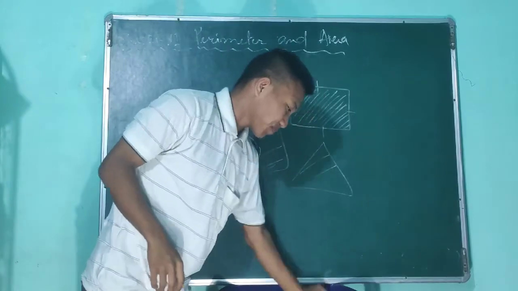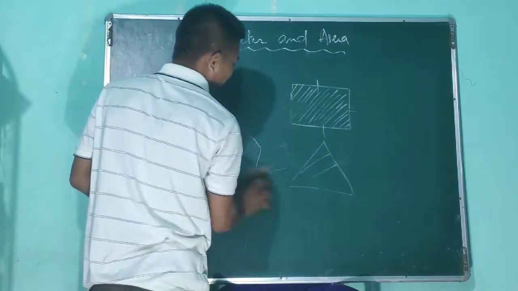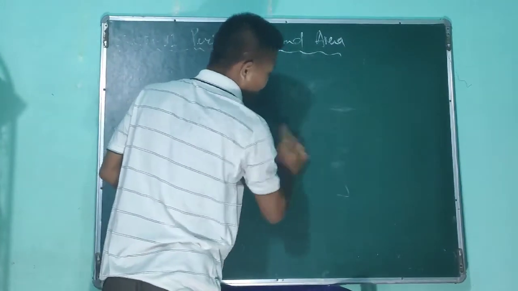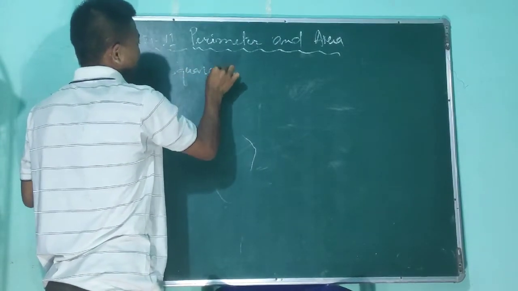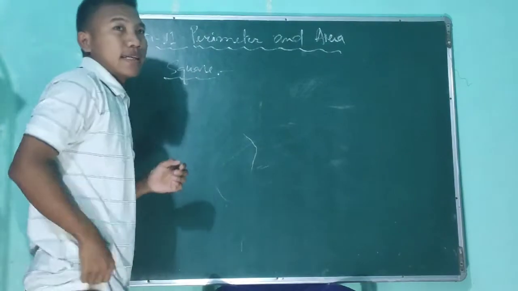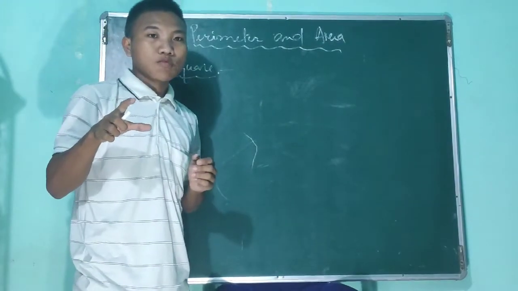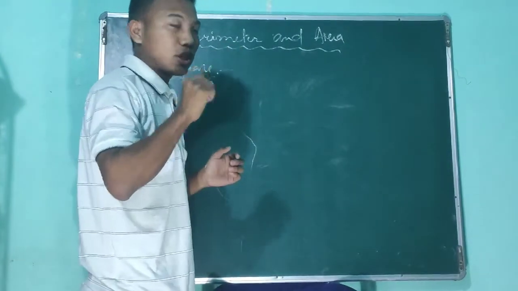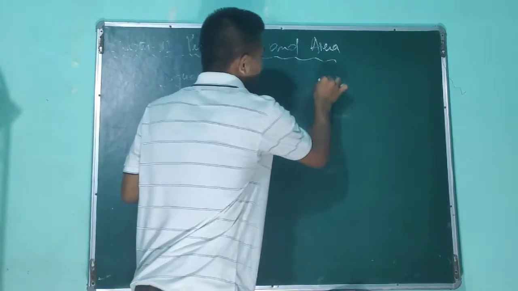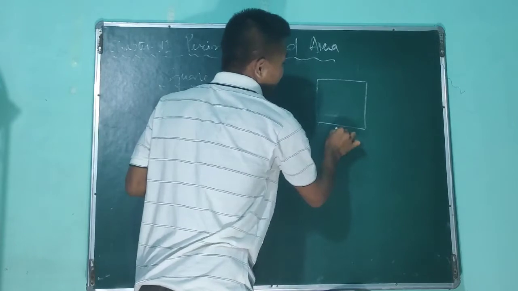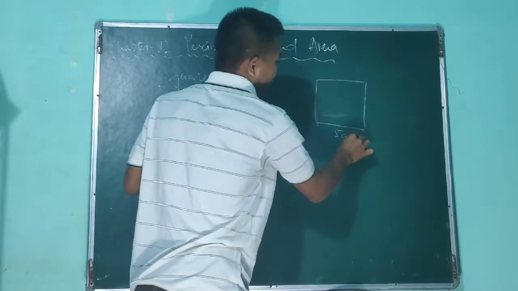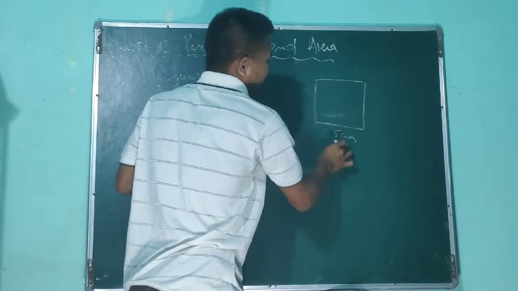Okay, let us first learn about the square. A square is a geometrical figure where all the sides are equal to one another. Let me give you an example. Let me say the lower side of this figure is 5 cm.